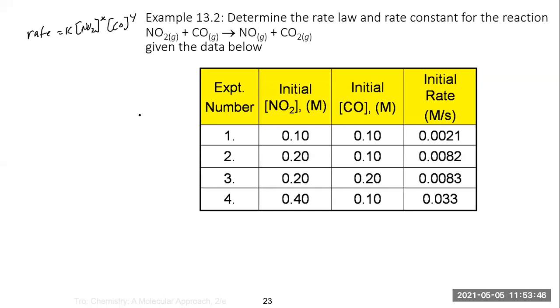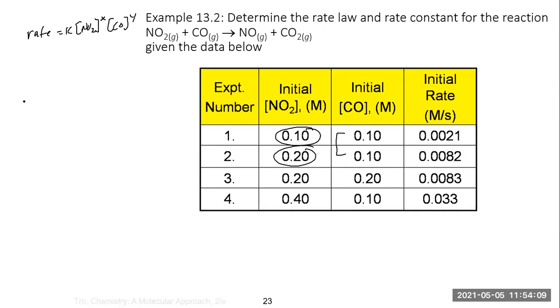In this case, you have a couple of options as to how to do that, but we'll start with 1 and 2. We'll keep our CO constant, and we'll vary our NO2.